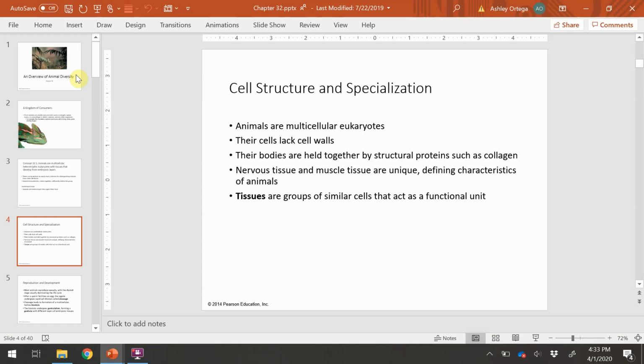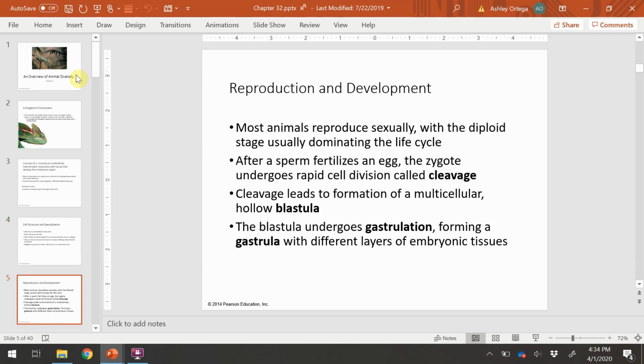Their bodies are going to be held together by structural proteins and structural tissues like collagen. They also have unique tissues such as nervous tissue and muscle tissue, which are different types of cells working together for different functions, and so they will act as what we call a functional unit. And so those are also unique to animals.